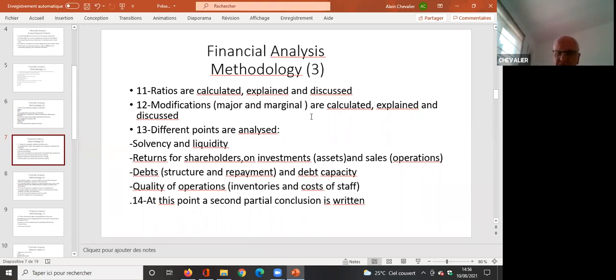Now you have also a problem of return on investment, assets, if you want to simplify. And the return on investment is something interesting because it can be measured in two different ways. The first one is a measure using ratios, traditional financial analysis.